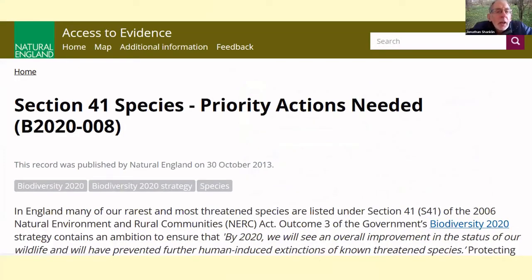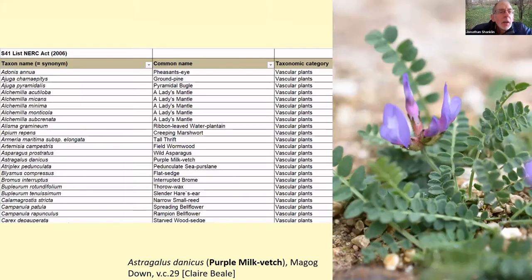Under the NERC Act, which really applies mostly to England, there is a list of plants which need priority action fairly immediately. And this was set up in 2013, and there's quite a long list of these species, some of which are now very, very rare. Some are still around.